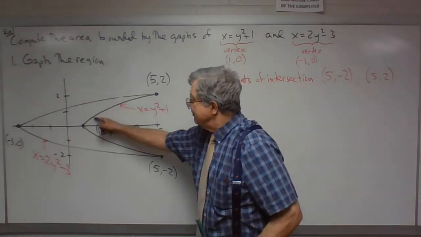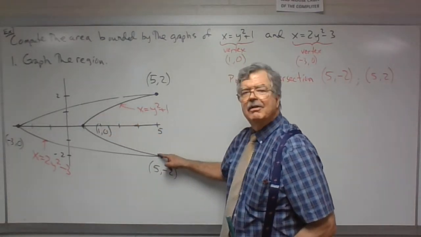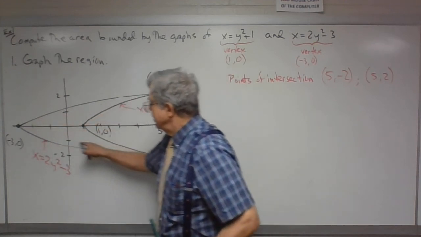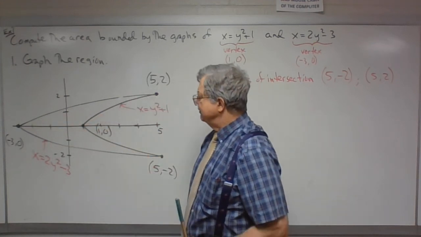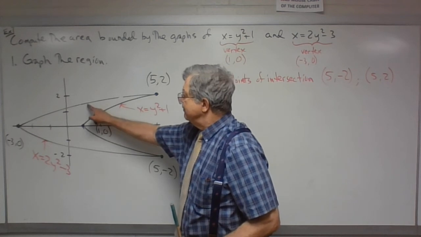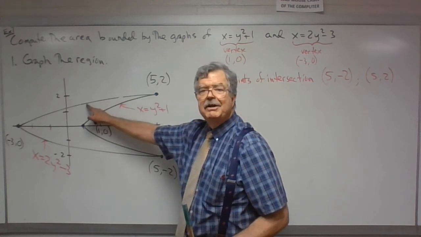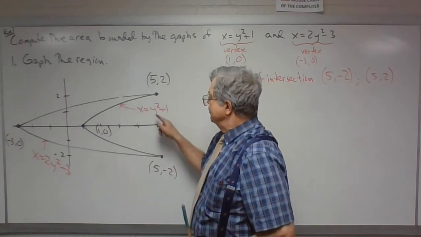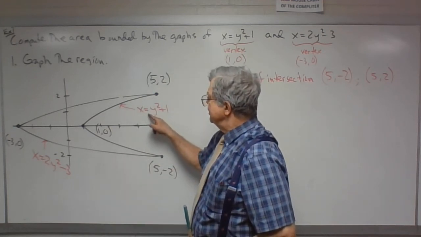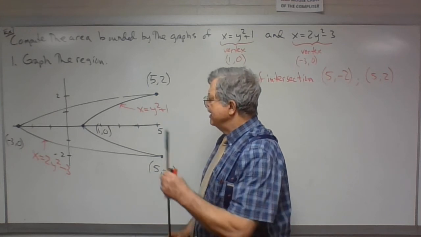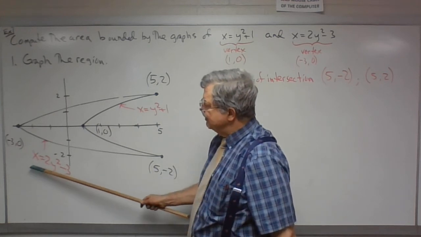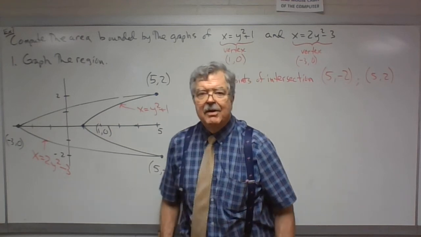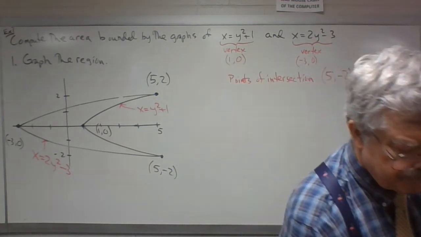So this graph right here is the graph of the larger function, and this graph is the graph of the lesser function. This graph, at all points in the bounded interval, lies to the left of this graph. So the larger function is x equals y squared plus 1. The lesser function is x equals 2y squared minus 3. We only have to integrate once.